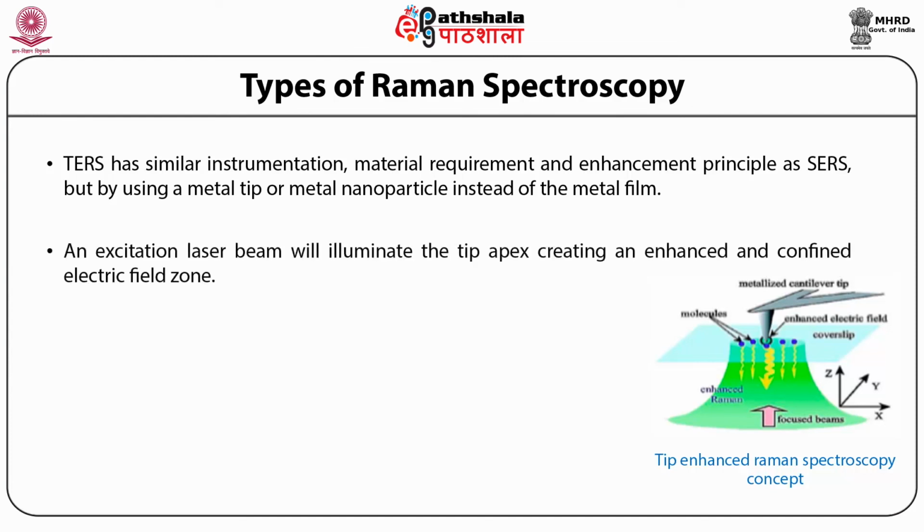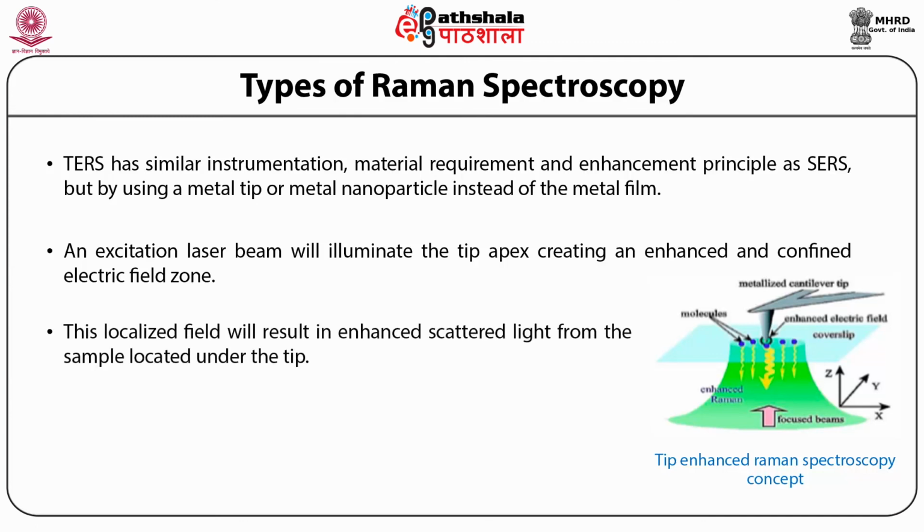An excitation laser beam will illuminate the tip apex, creating an enhanced and confined electric field zone. This localized field will result in enhanced scattered light from the sample located under the tip.